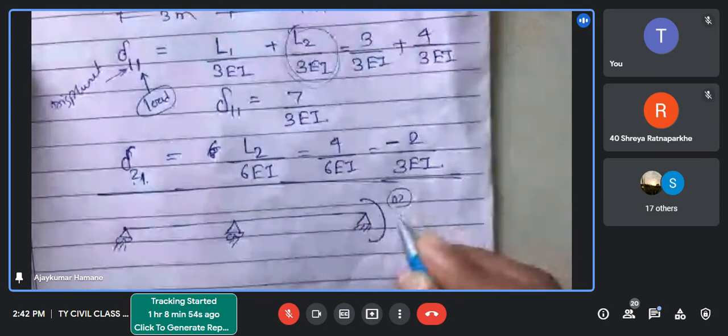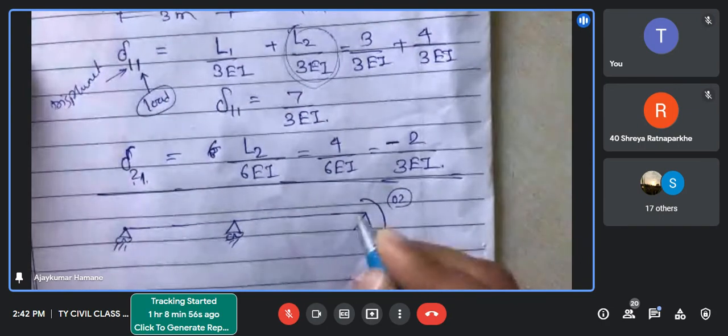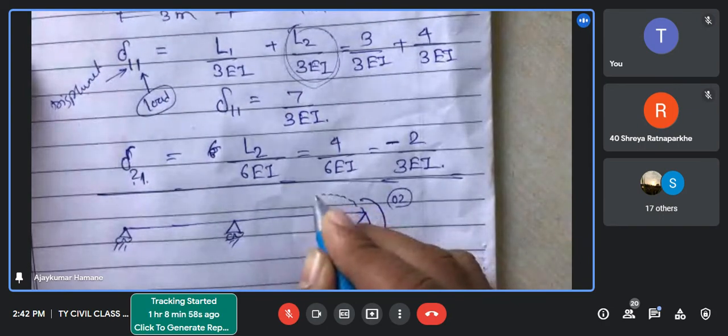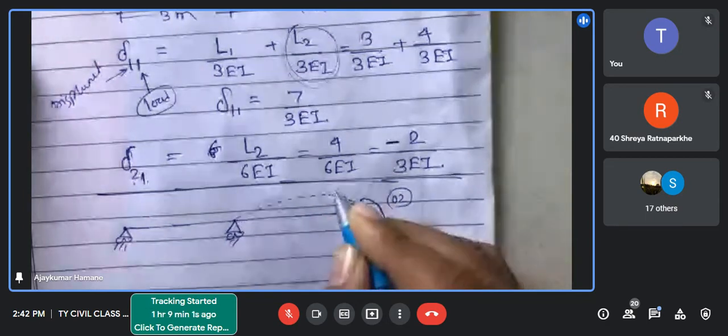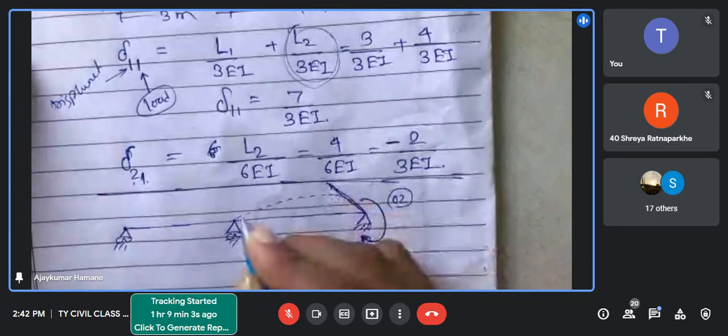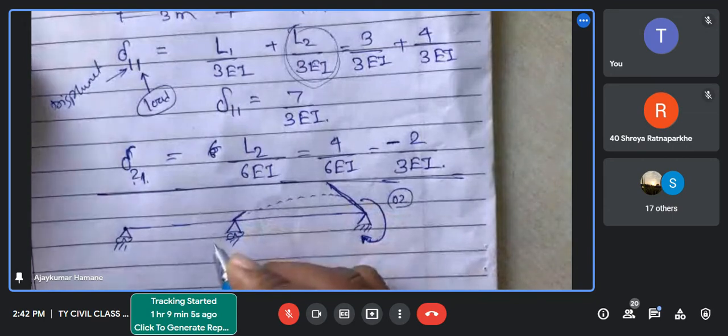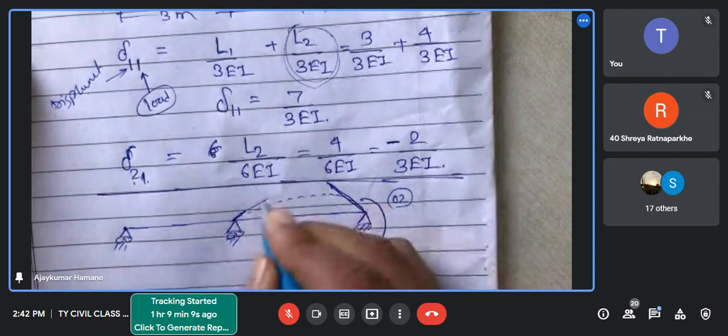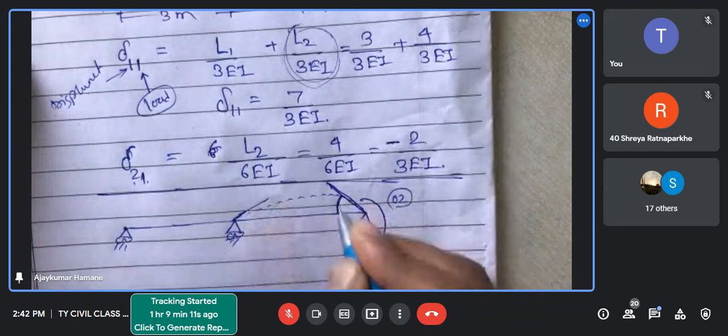Correct? This is coordinate 2, which is applied clockwise. So this gives an upward slope, like this. What is this slope?